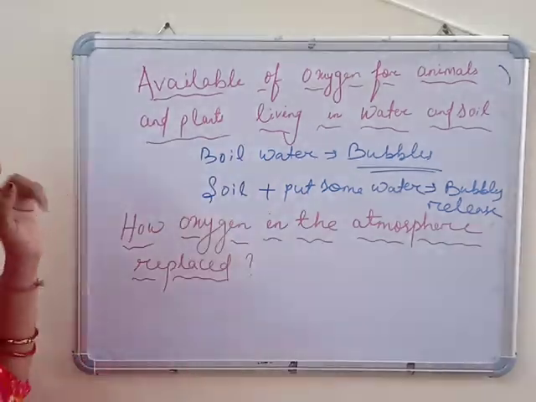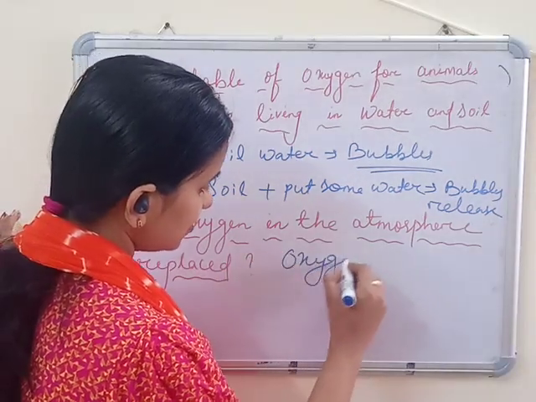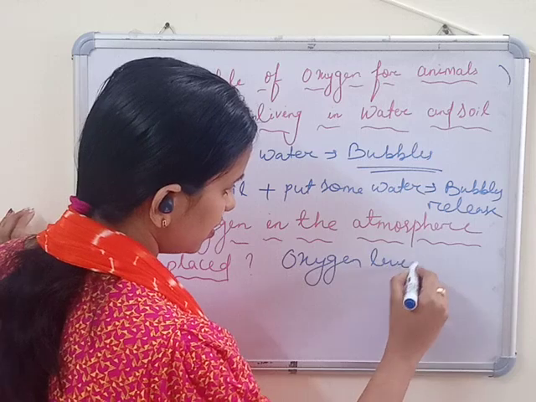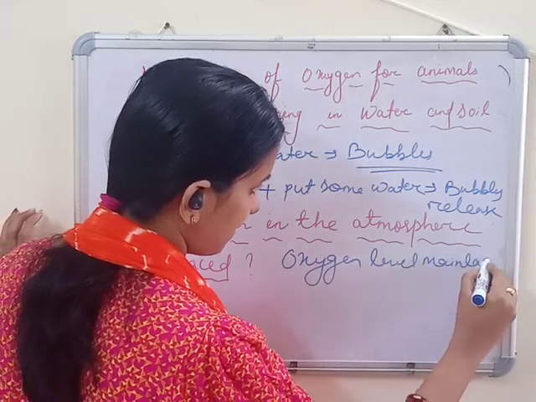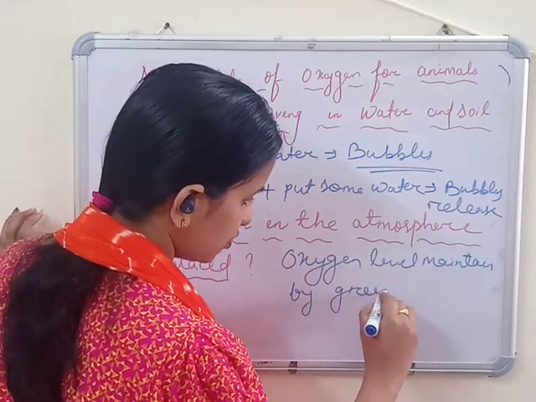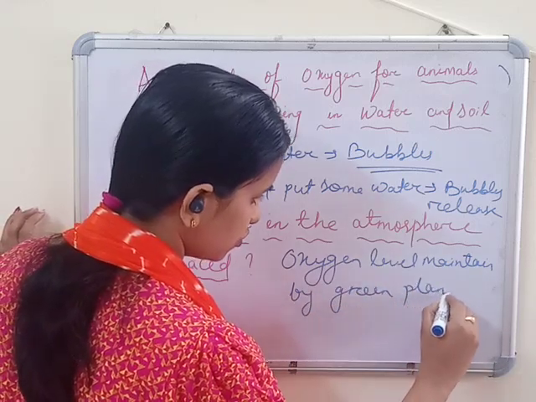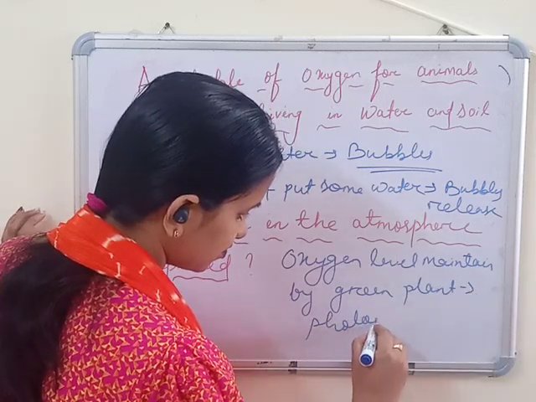How? The oxygen level is maintained by green plants. Green plants through what? Photosynthesis.